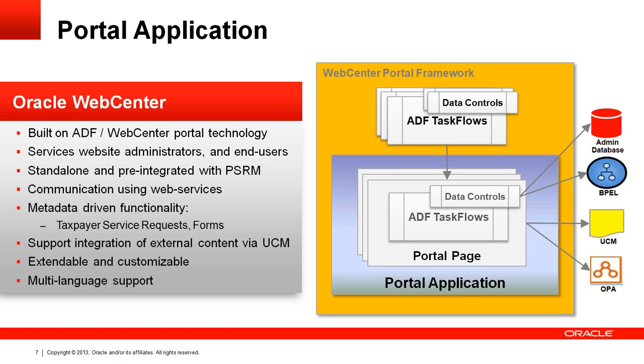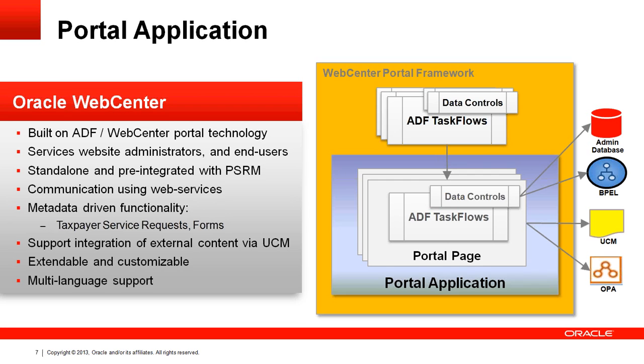make the whole website. The data controls are basically the links or integration to external resources using various protocols. We typically use data controls to connect to BPEL, that's our integration layer, through web service calls, and we also use data controls to connect to our internal database for meta and admin data management.